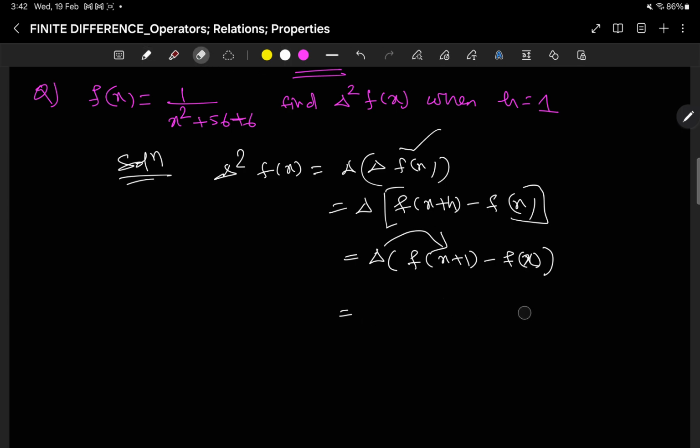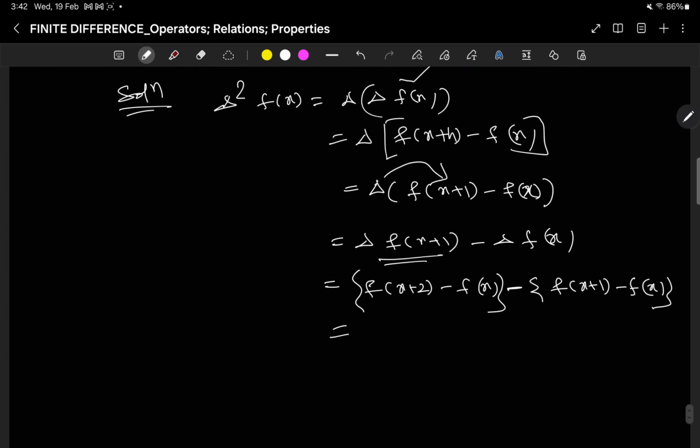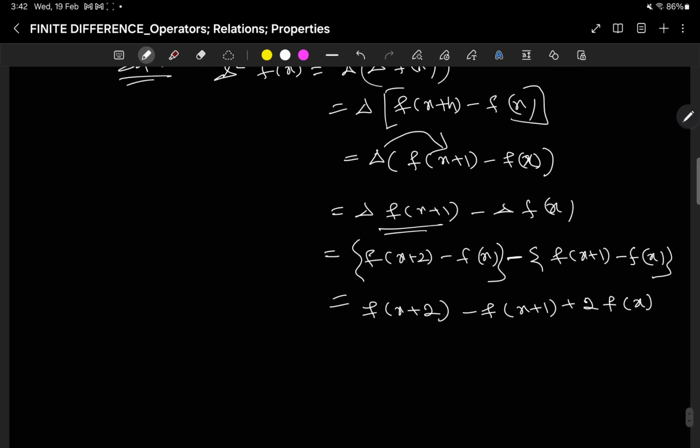So if I split it out, this is equal to del of f of x plus 1 minus del of f x, and I can write it f of x plus 2 minus f of x plus 1, and f of x plus 1 minus f of x. So if you add it, it will give you f of x plus 2 minus twice f of x plus 1 plus f x.